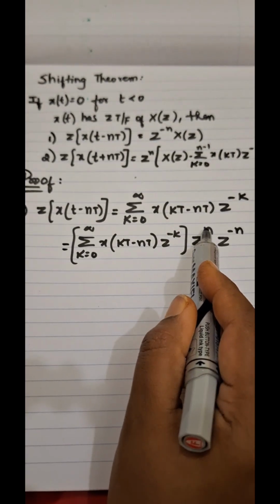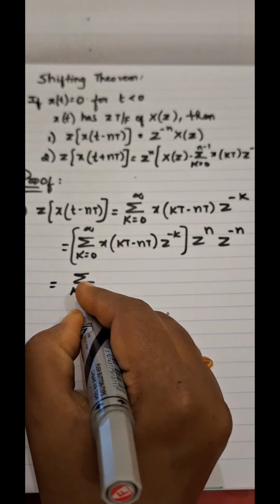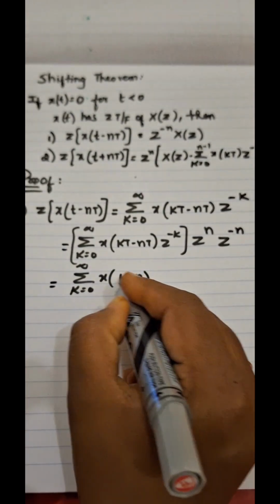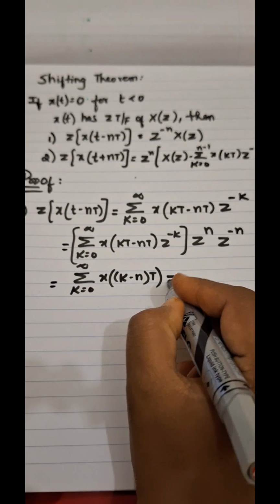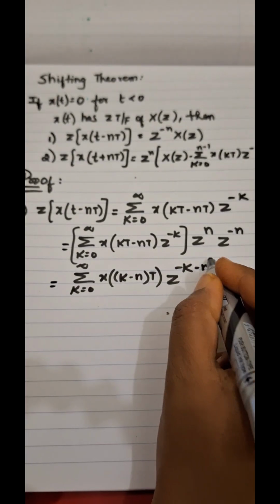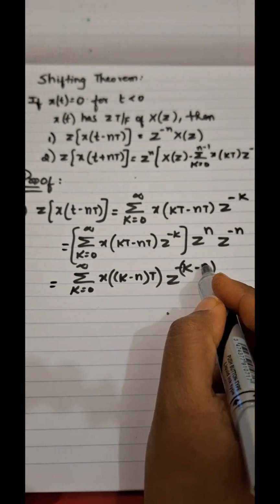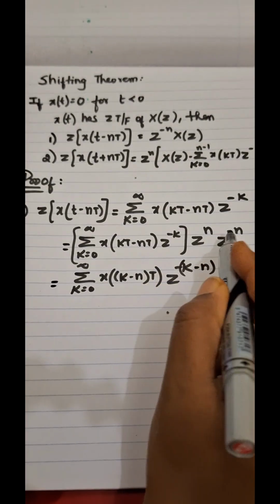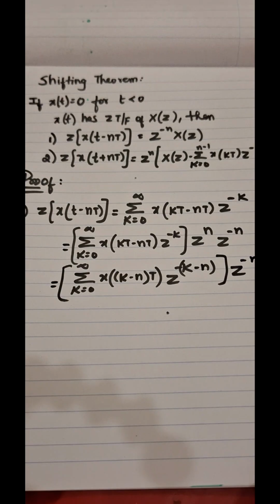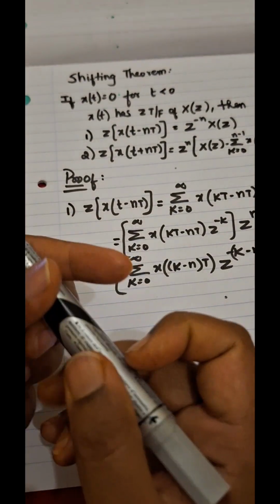So this equals sigma k equals 0 to infinity x of (k minus n)T z power minus (k minus n). Minus into minus gives plus n, so plus n came inside, which means z power minus n is also there. So now it is x of (k minus n)T z power minus (k minus n).